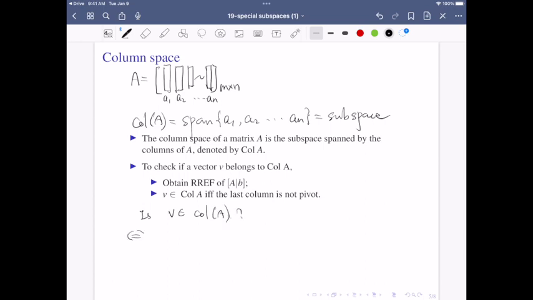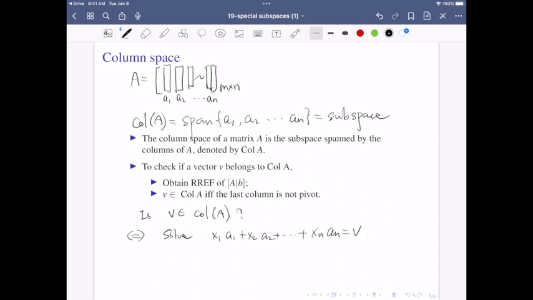This is equivalent to asking: is v a linear combination of a1, a2, ..., an? That is, do there exist x1, x2, ..., xn such that we can solve the following vector equation: x1 a1 plus x2 a2 plus ... plus xn an equals v.